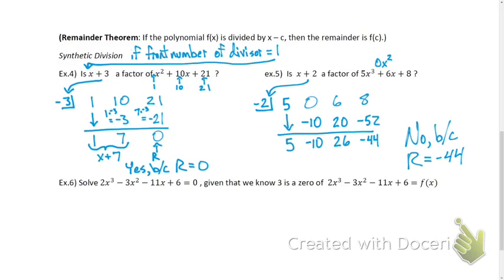This, by the way, is 5x squared minus 10x plus 26 minus 44 over x plus 3. I'm not going over that part just yet. That's a little tricky to know, but I mainly want us to write this.